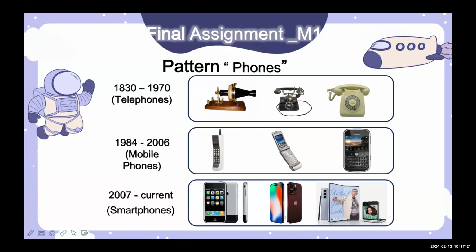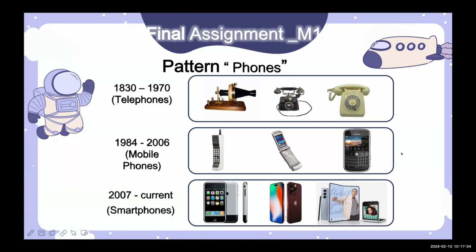Then we have the next generation, which started from 1984 with the Motorola, the very first mobile phone, all the way to around 2006, the era of BlackBerry keypad phones. And then beginning from 2007, we have the iconic very first iPhone all the way to the current smartphones that we're using right now. Those three are the generations that I classified into.